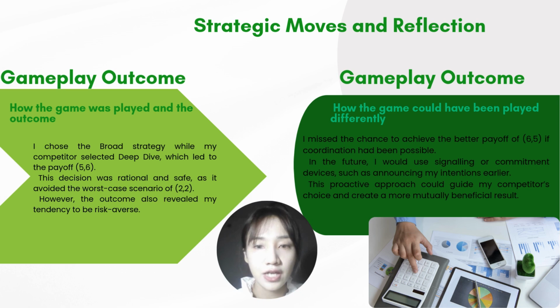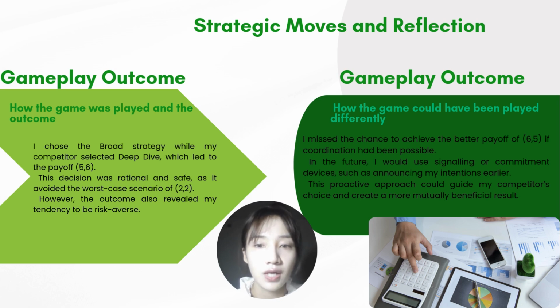In practice, I chose broad while my peer selected the deep dive, and the result was a payoff of 5 for me and 6 for them. This was rational and safe because it avoided the worst case of 2 points each, but it also revealed my risk-averse attitude. I missed a chance to achieve a better outcome of 6 for me and 5 for my competitor if coordination had been possible.